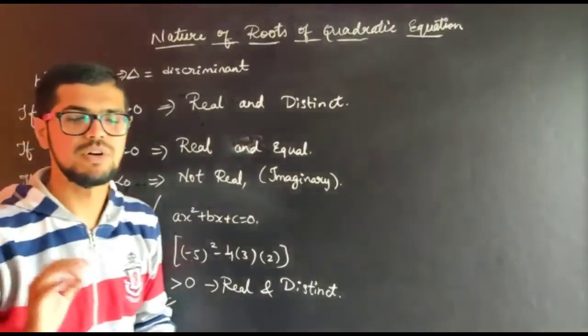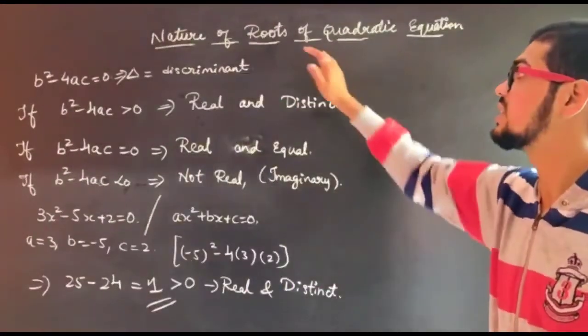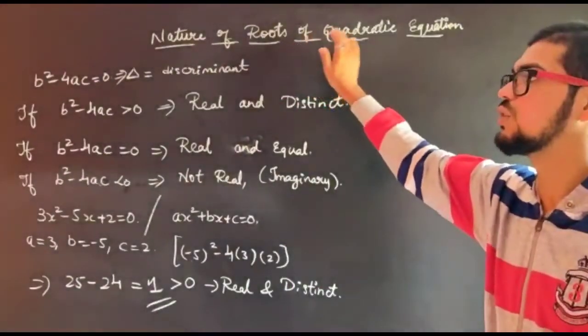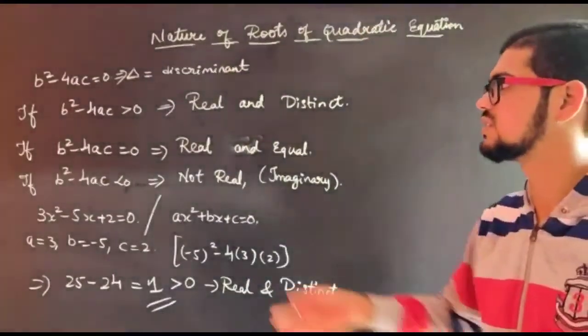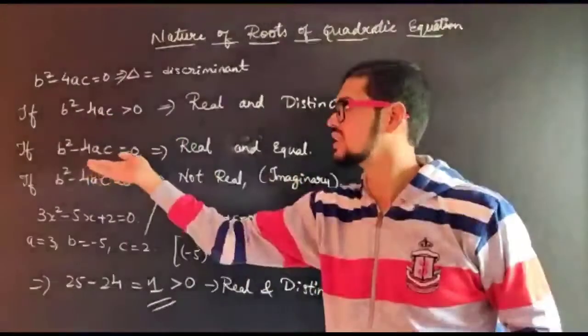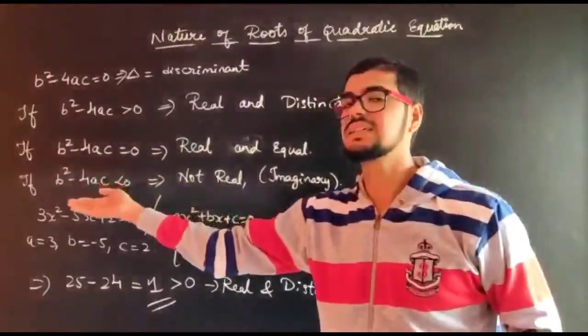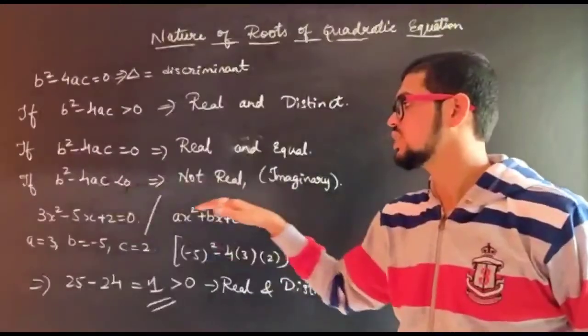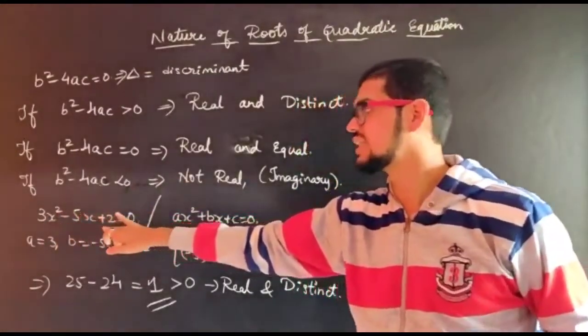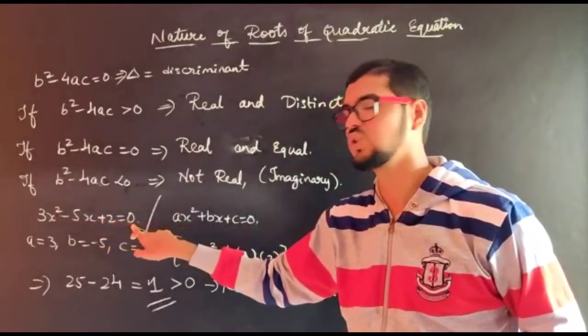This is one of the important concepts of quadratic equation, understanding the nature of roots. The first is greater than 0, that is positive. Next is equal to 0, that is real and equal. Third is lesser than 0 or negative. I have explained with an example, 3x square minus 5x plus 2 is equal to 0.